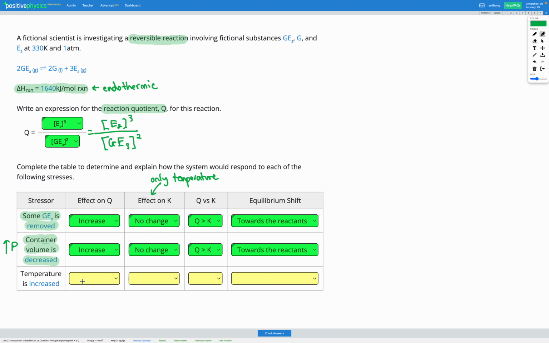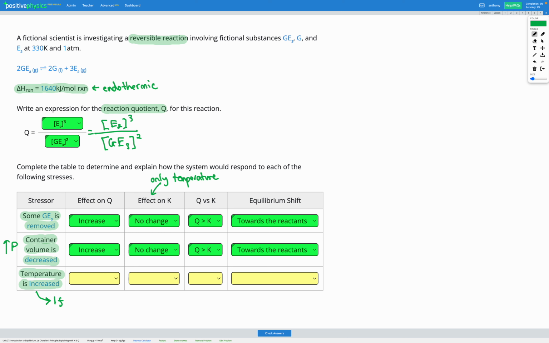Our final stressor is that the temperature is increased. Now, the increase in temperature is going to affect K. It's going to have a different effect on K depending on if our reaction is endothermic or exothermic.